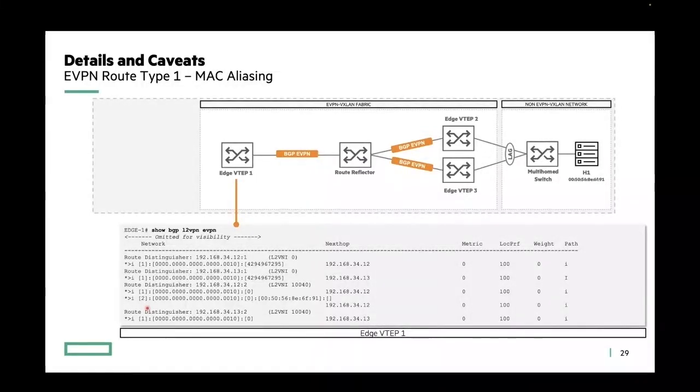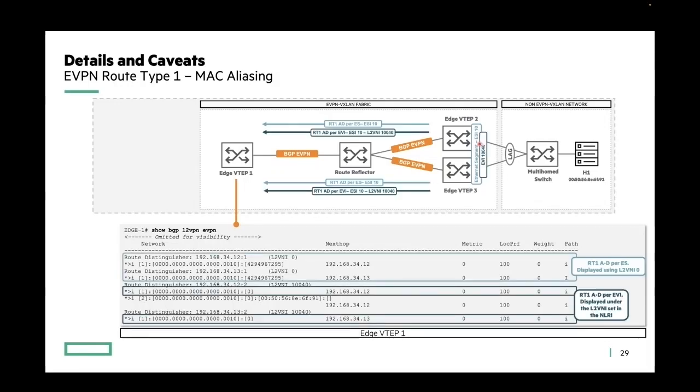Okay, so let's take a closer look at the backend and how it works. First, we configure the Ethernet segment 10 on our two multihoming VTEPs. Then we configure and associate our EVI to that Ethernet segment. Doing that, the RT1 AD per ES will be sent by all VTEPs having the ESI configured.